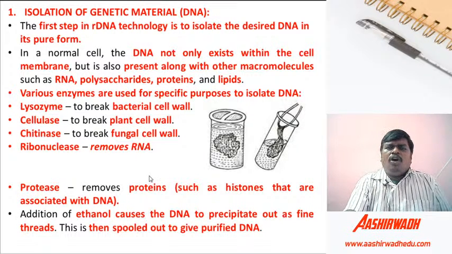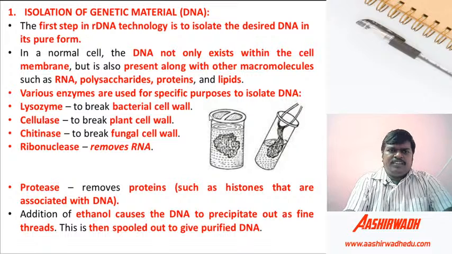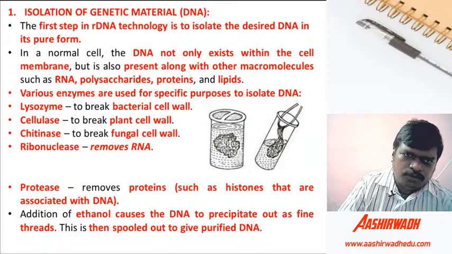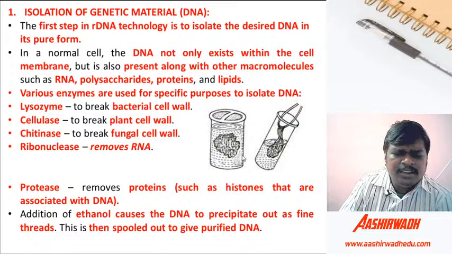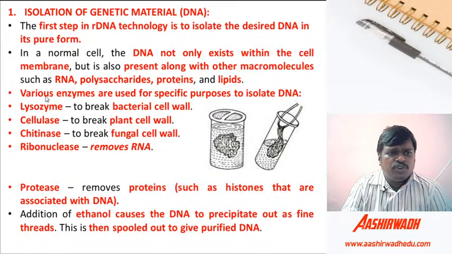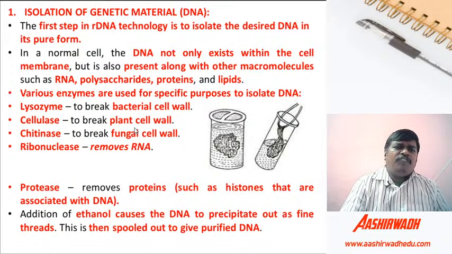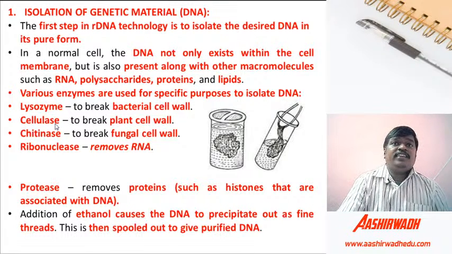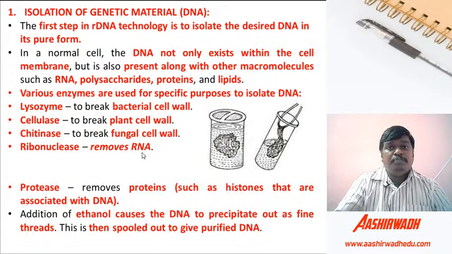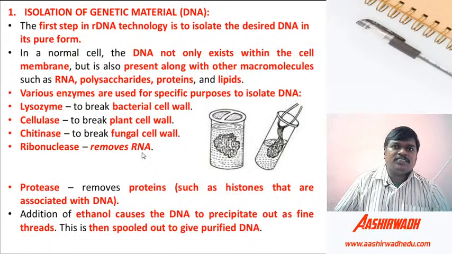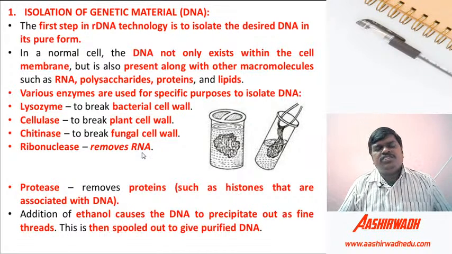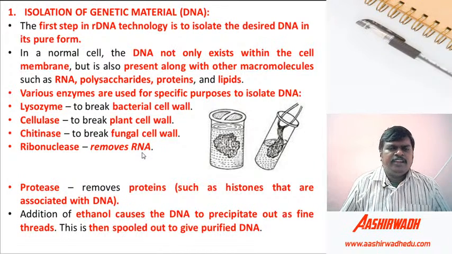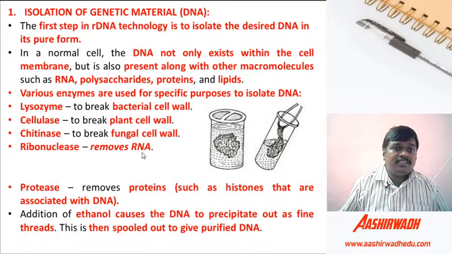To take out all these macromolecules, first they use lysozyme, an enzyme used to break the bacterial cell wall. Similarly, if the host cell is a plant, they use cellulase enzyme to break the cell wall, because breaking the cell wall is a very important task. After that only we can reach the DNA and take it out from the donor cell.